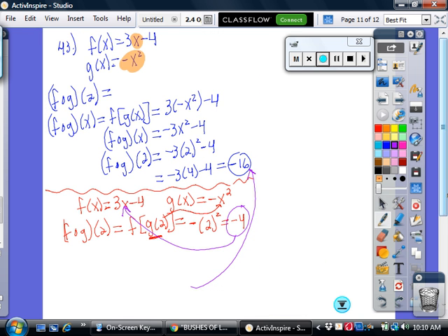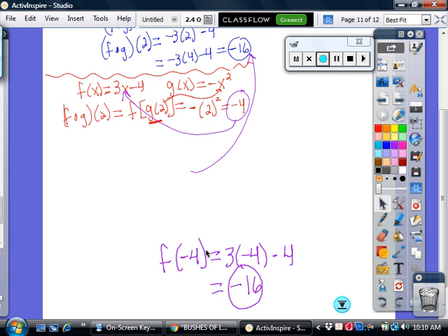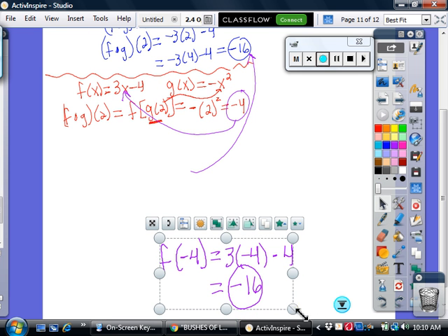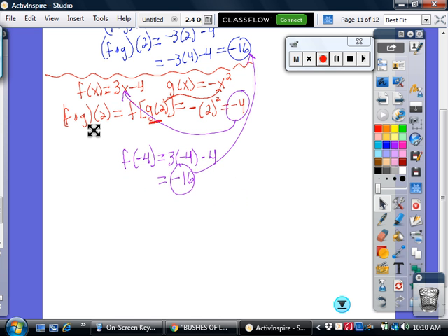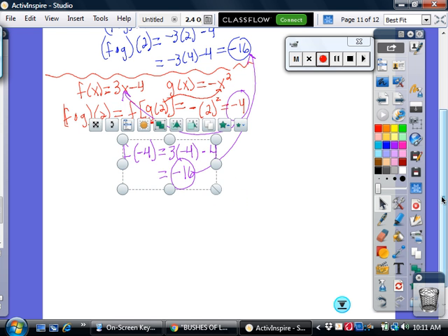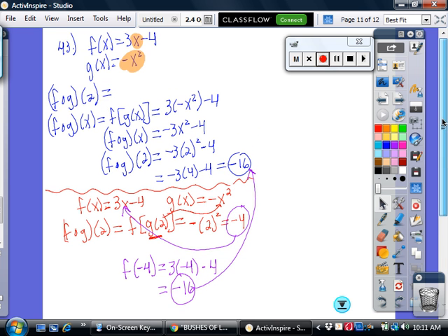I think I must have left part of it off down here. You can either find the composite function, and then plug in the 2 like we did up here on the top. Or you can work backwards from the inside out and plug 2 into the first function, then plug your answer into the other. That's not too bad at all.